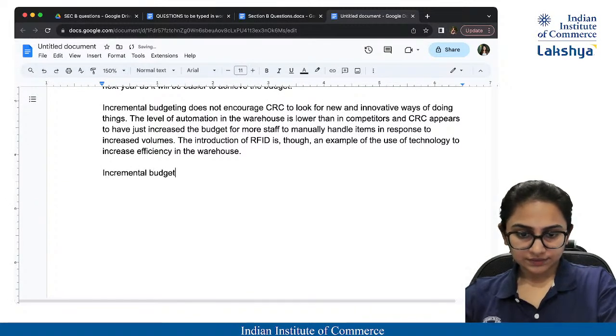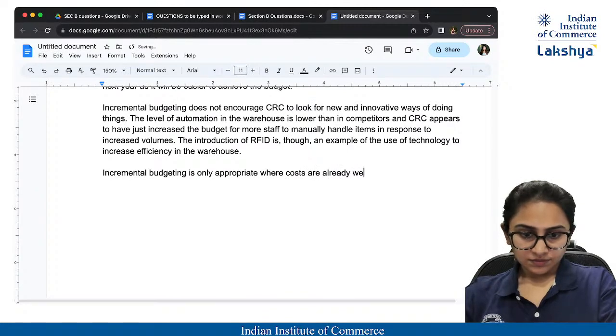Incremental budgeting is only appropriate where costs are already well controlled and operations are efficient.